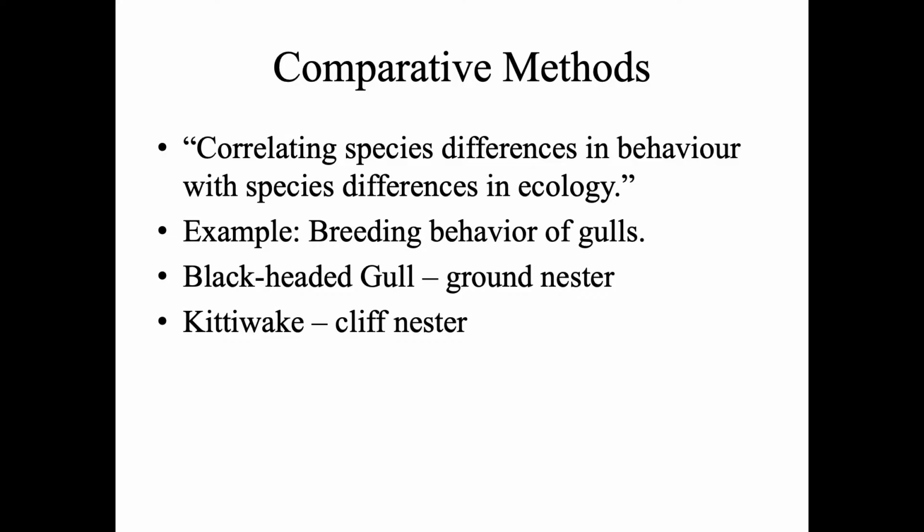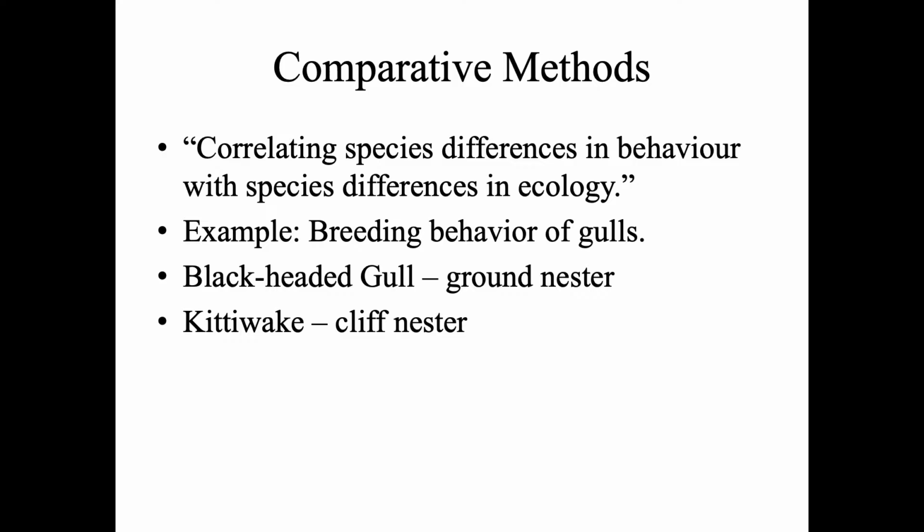This looks at differences in behavior across species, across genera, across families in some cases. And so there are specific methods by which we do this. One example in your textbook is looking at the breeding behavior of gulls.